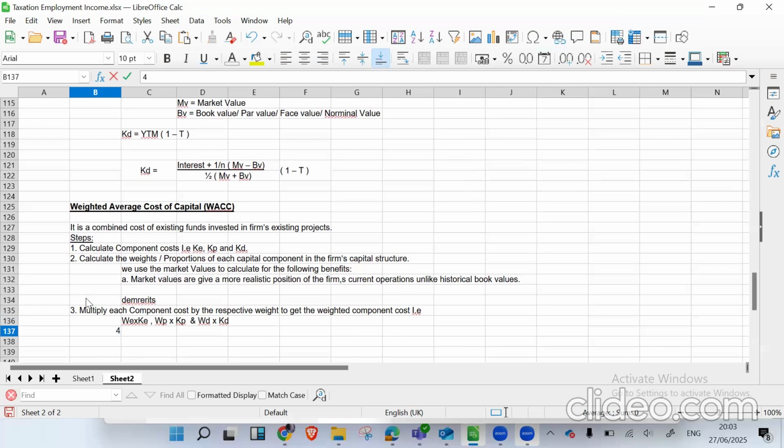Finally, step number 4, add the weighted component costs together to get WSC.